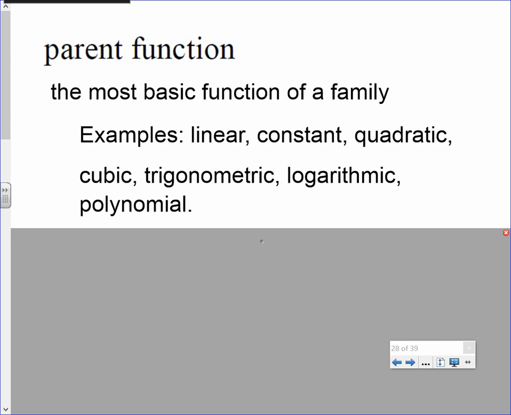The most basic function of a family, examples: linear, constant, quadratic functions, cubic functions, trigonometric functions, logarithmic functions, polynomial functions. There's all kinds of functions. Try to fit that in there.